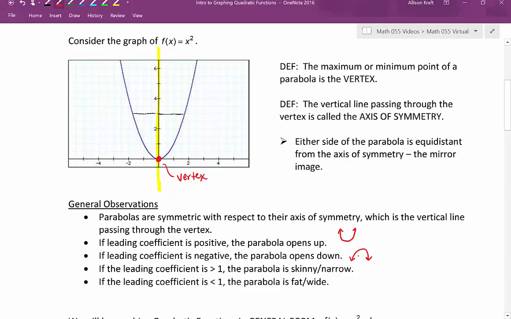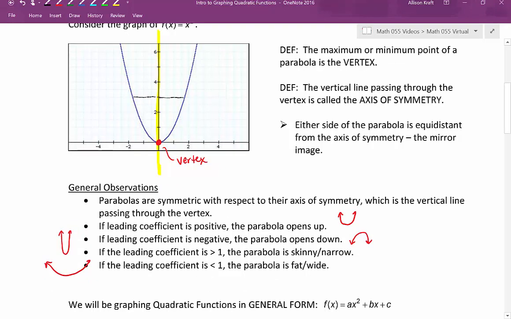If the leading coefficient is greater than 1, then the parabola will be skinny and narrow, something like this. And lastly, if the leading coefficient is between 0 and 1, a proper fraction, then the parabola is going to have a wide shape to it.